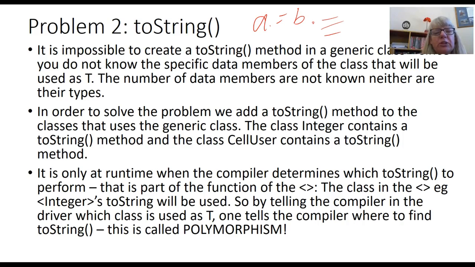Now the easiest way is to say that any class that wants to make use of our generic class must contain its own toString method, and the toString method of that class will then be executed. So in our toString in the array class, we simply call the toString method of the client class, and then that client class will be executed.